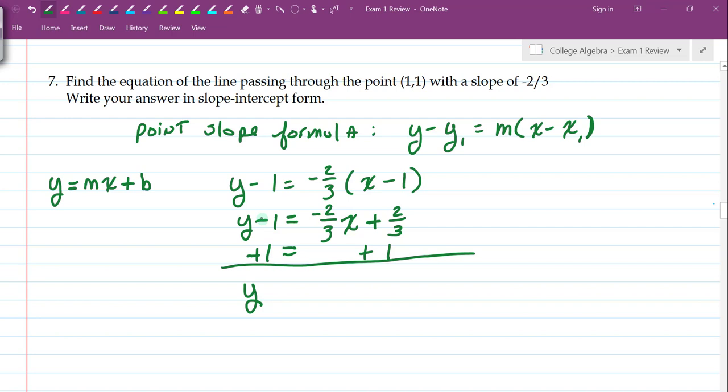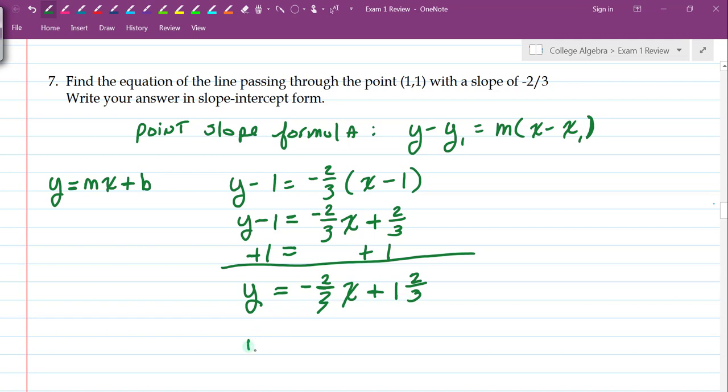So that's going to be negative 1 plus 1 gives me a 0, so I just carry down my y is equal to negative 2/3 x, and then 1 plus 2/3 is 1 2/3, which would be the same thing as 5/3, right?